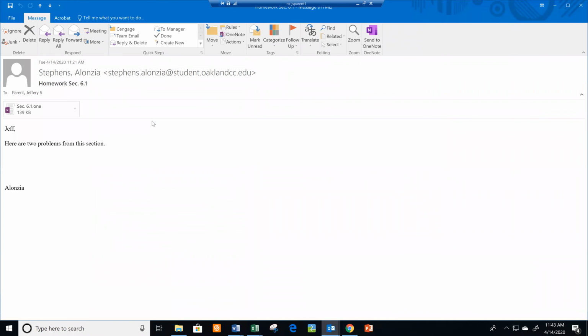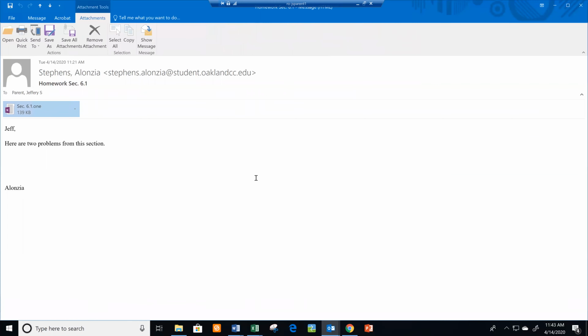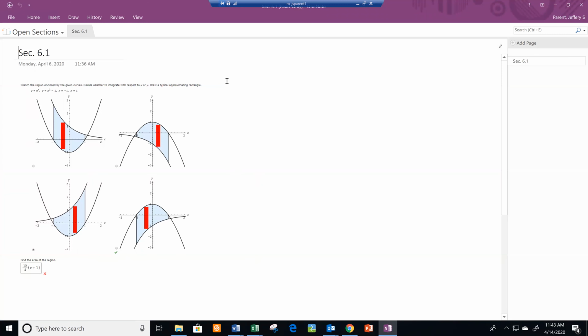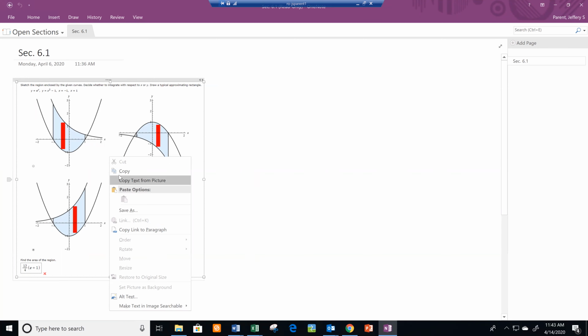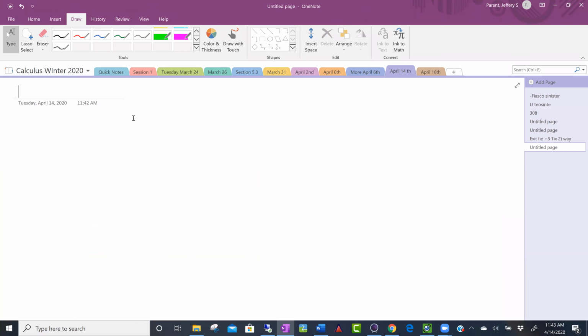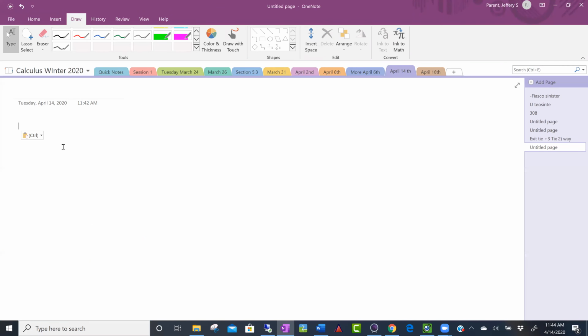Here we go. Okay, let me copy that and paste it in over here. Glad to see an area problem. Uh-oh. Paste. Let me try it one more time.